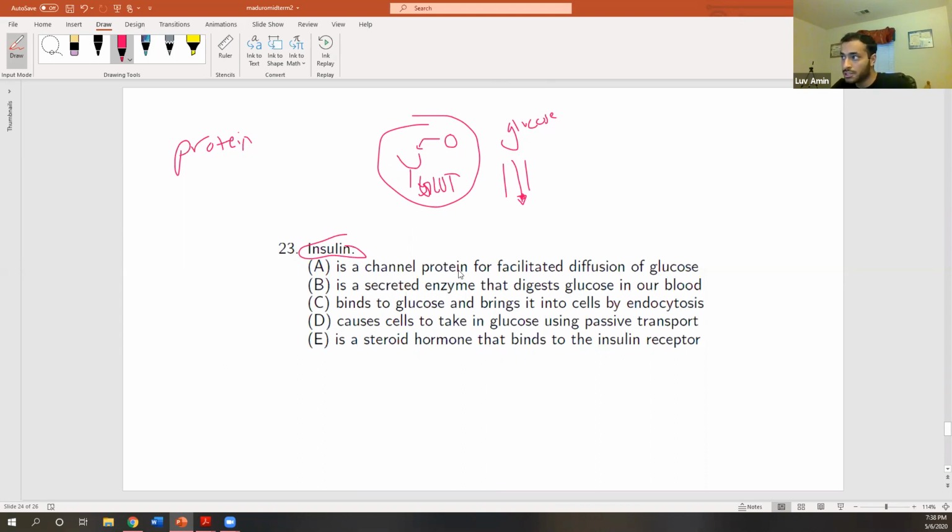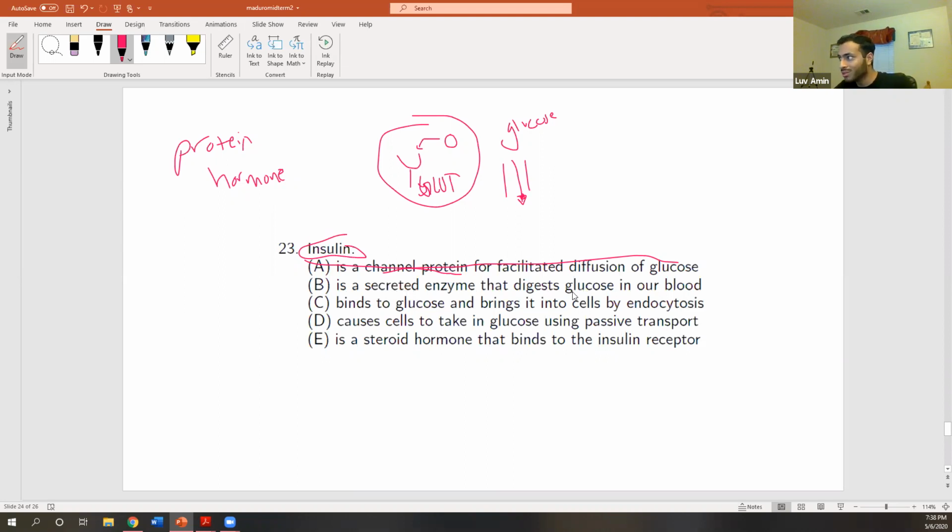Essentially, let's answer this question. A: Insulin is a channel protein for facilitated diffusion of glucose. Insulin is not the channel protein. It's basically a ligand. It's a hormone, right? That's a number one thing as well. It binds to a receptor. Nope. B: is a secreted enzyme that digests glucose in our blood. We know it's not an enzyme, right? It's a hormone.